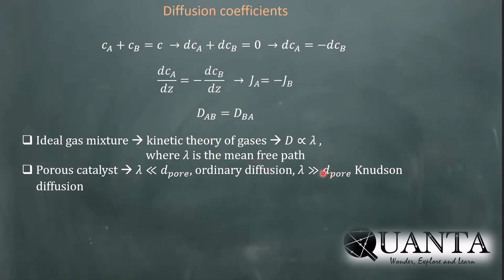In case the pore diameter is smaller than the mean free path, then the molecules are bouncing off the pore walls more frequently. That is called Knudsen diffusion. What about self-diffusivity? Self-diffusivity refers to the mobility of the species in itself, such as the component A molecules diffusing among the A molecules.